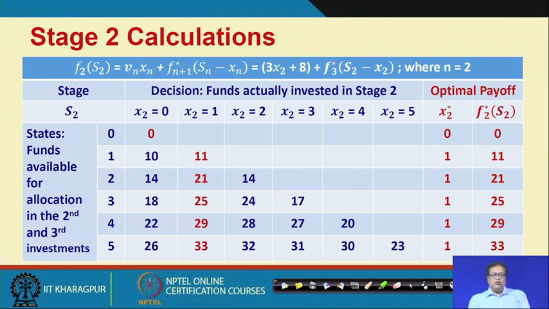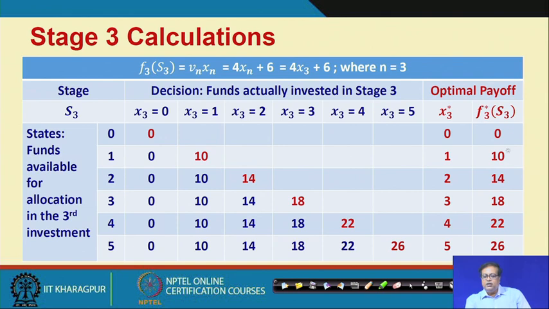See, here things are not as simple as you can see. So, we have to continuously refer to the optimal value at the third stage. See, the optimal values are 0 to 0, 1, 10, 2, 14, 3, 18, 4, 22 and 5, 26. Those are the x3 star and the payoff at the third stage.